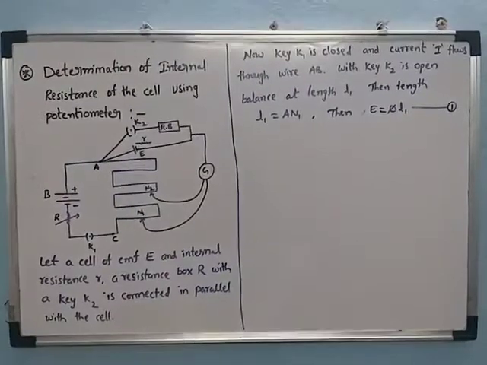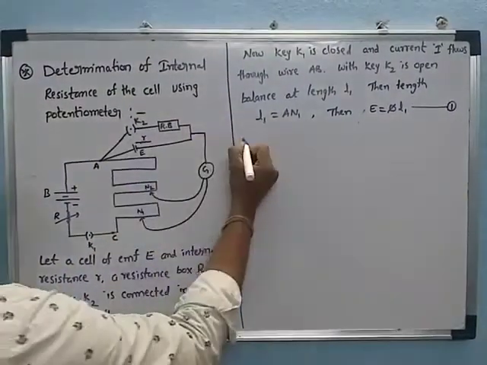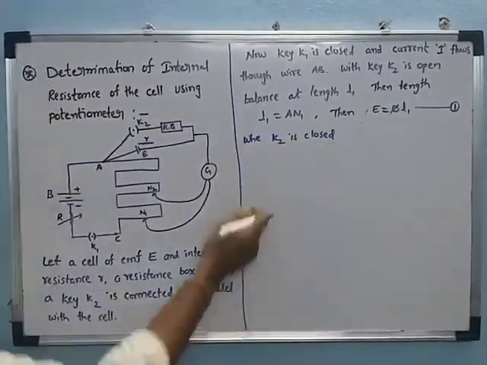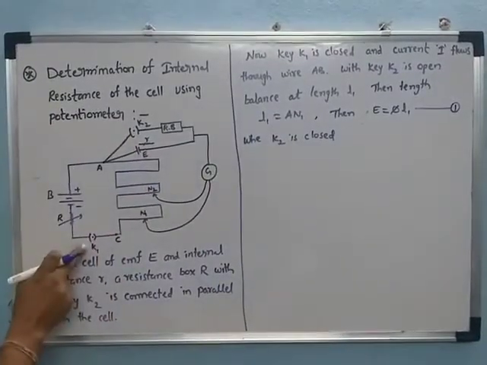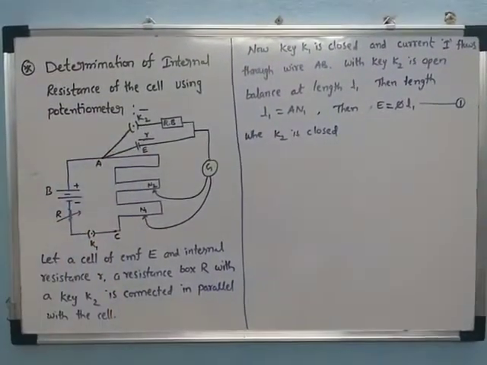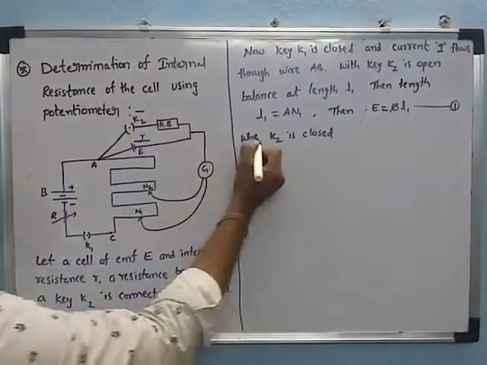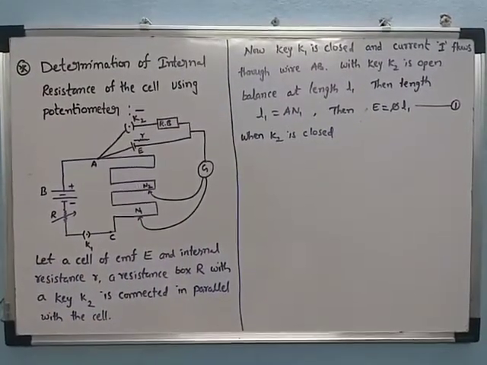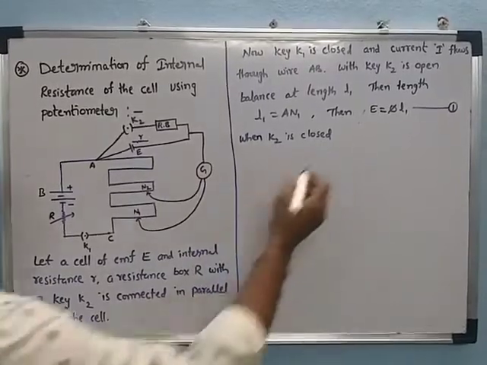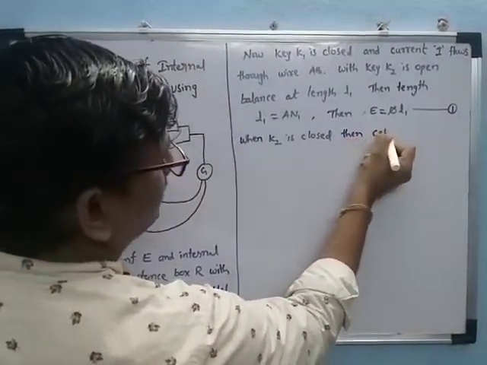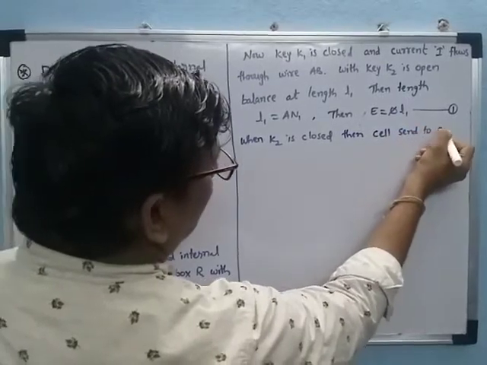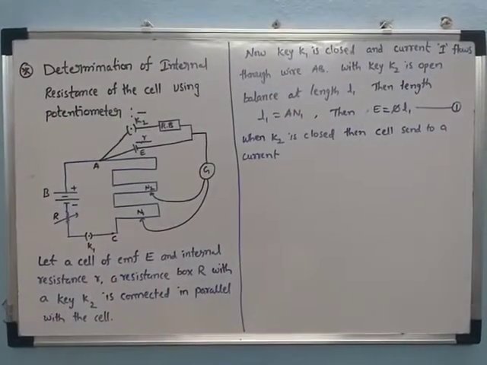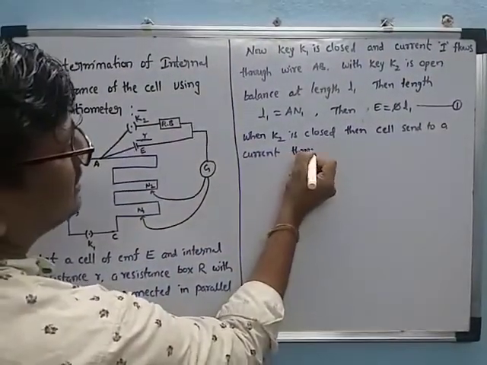Now K1 is closed and K2 is also closed. Then the cell sends a current through the resistance box.